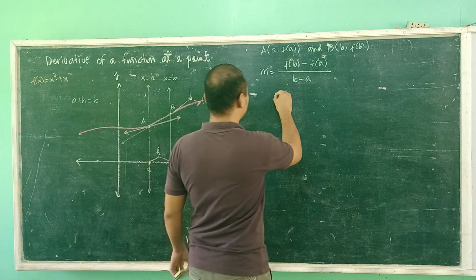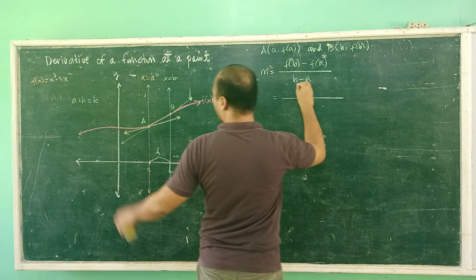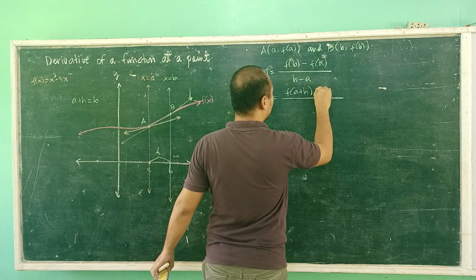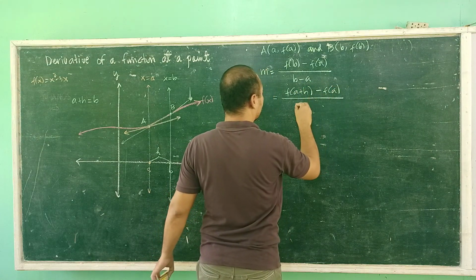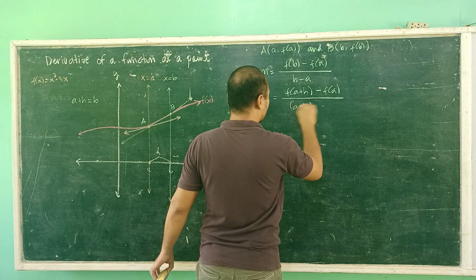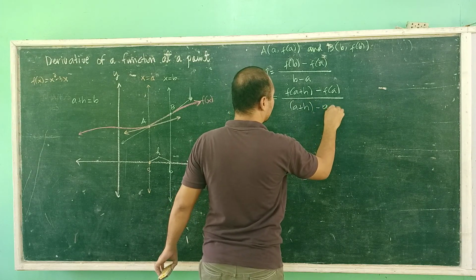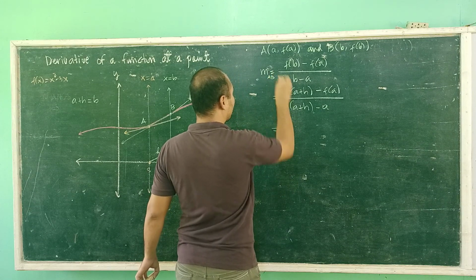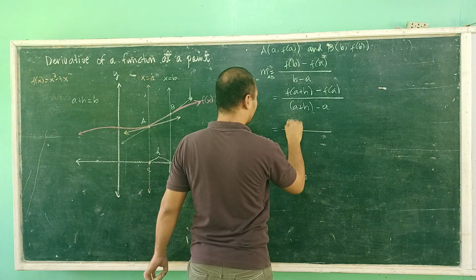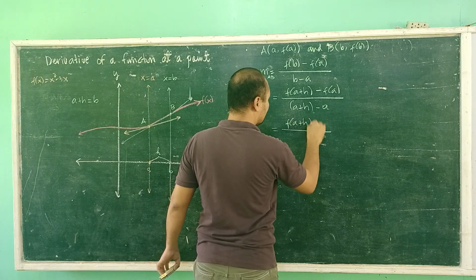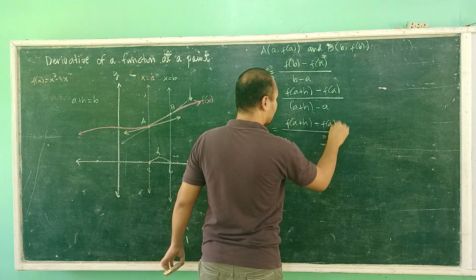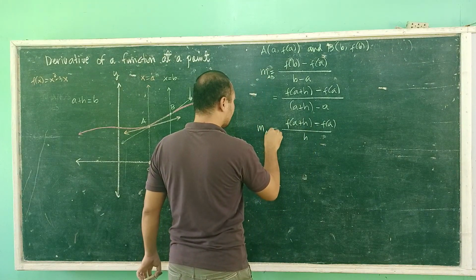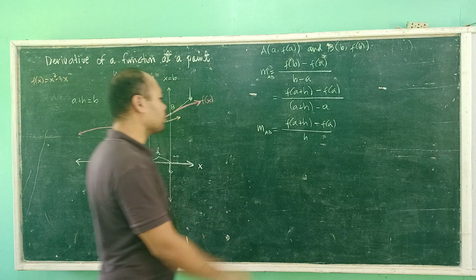So we can change this to f of a plus h minus f of a, over a plus h minus a. Simplifying, that's the slope of ab. So that is just f of a plus h minus f of a all over h. That is the slope of the line ab.